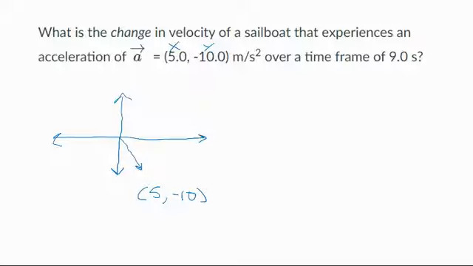And then that is over a time frame. So that vector represents an acceleration. All right, but the 5 over negative 10 also gives us the direction.